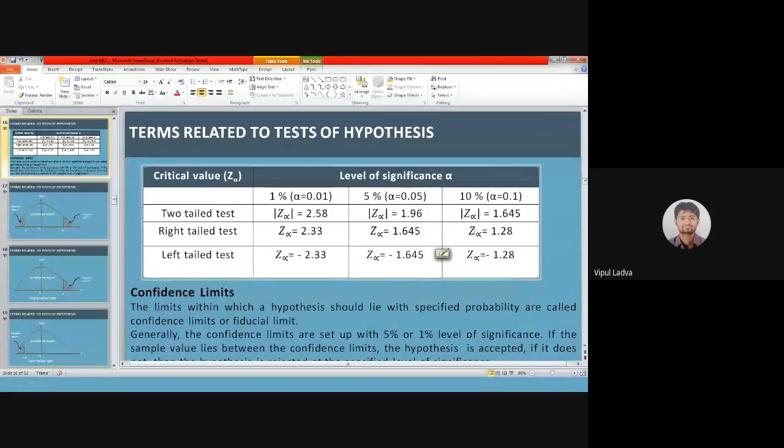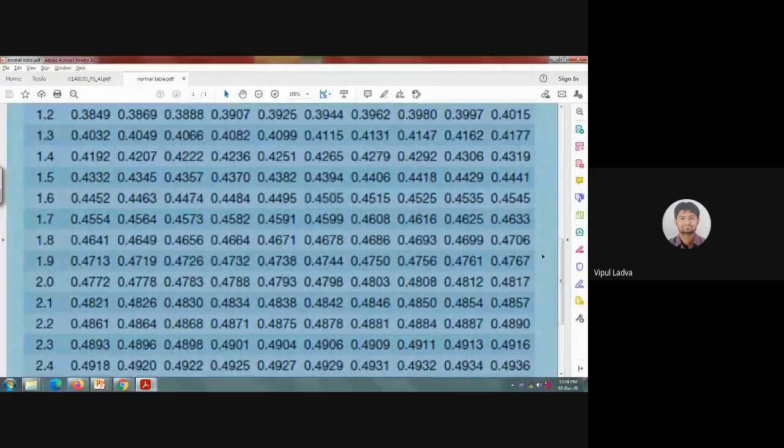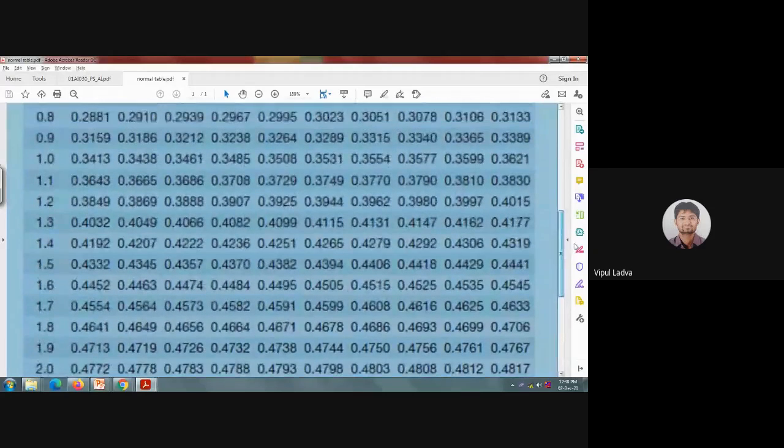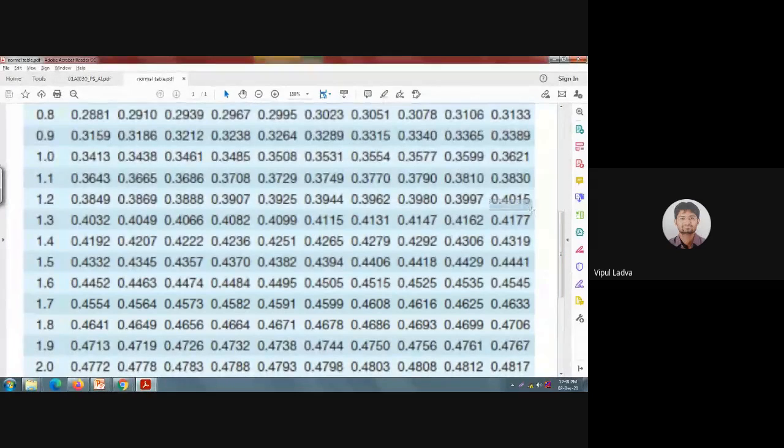Now, hopefully you will be good with this. ये आपको तुरंत ही समझ में आ जाएगा. For 10% level of significance, उसके लिए Z score था, that was 0.4. So 0.4 कहाँ पे आ रहा है? देखिए यहाँ पे 0.4 कहाँ पे आ रहा है, जल्दी से देख लेते हैं. Observe here. This and this one.